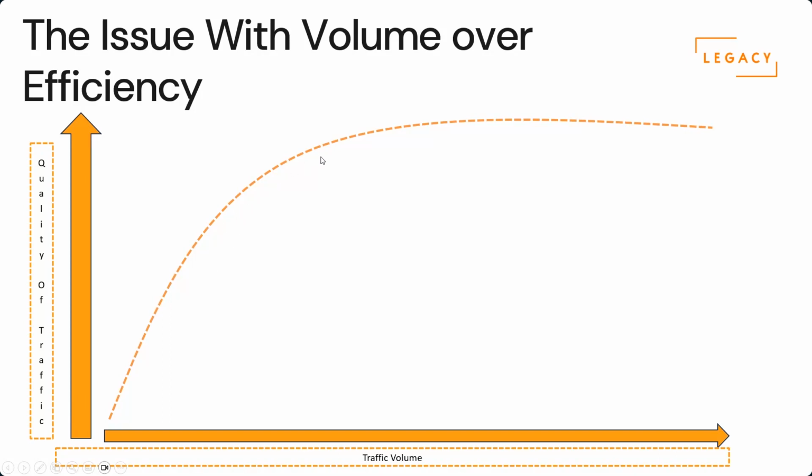Whenever you get to the top of the market, your conversion rates and your ability to target a more qualified audience becomes harder and harder, because the system is trying to find traffic from those broad keywords or from other areas that it has bid down on in the past, and it is more difficult to get the efficiency that you need when you push for a lot of volume. So it really is a fine balancing act.